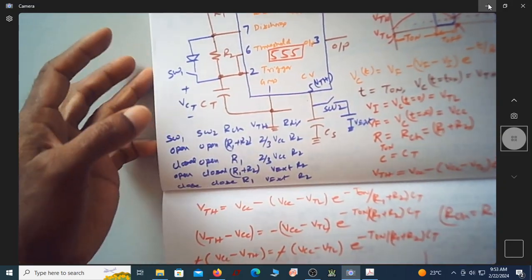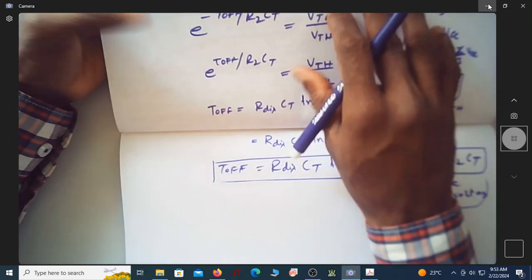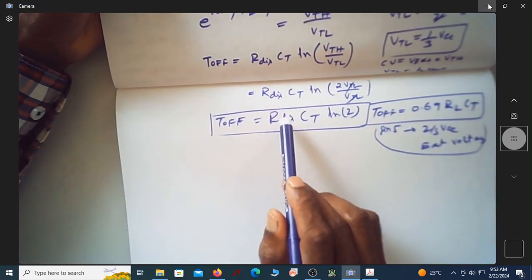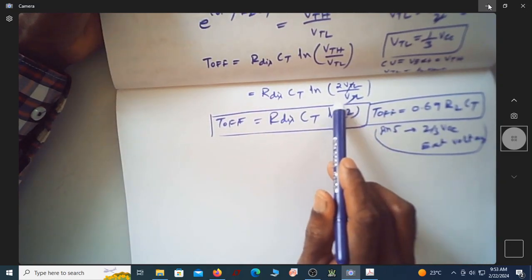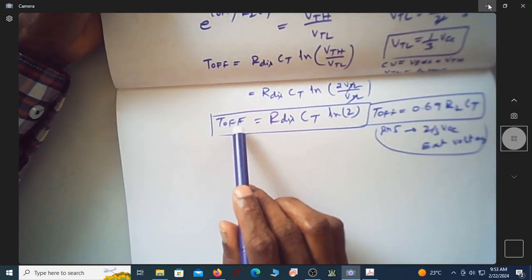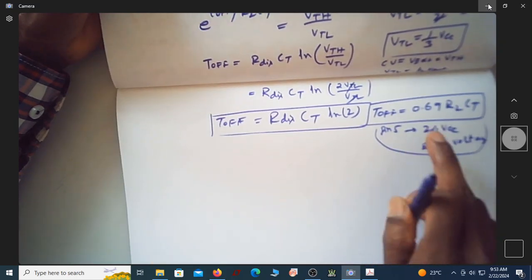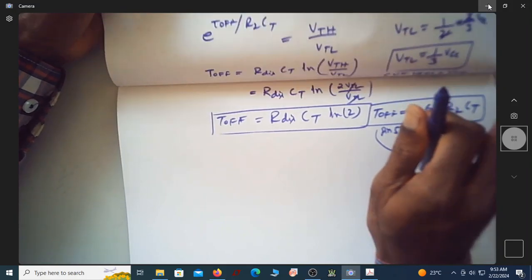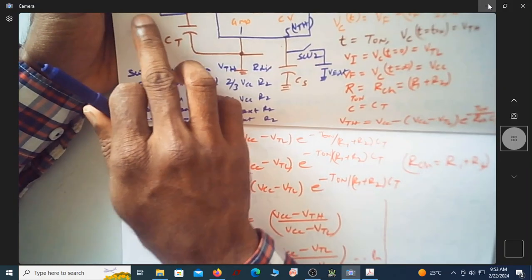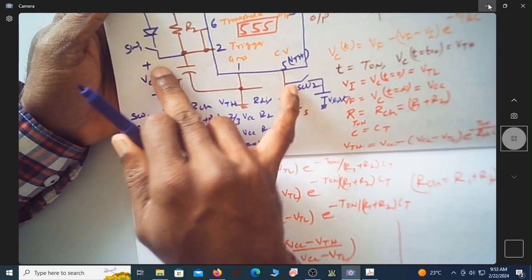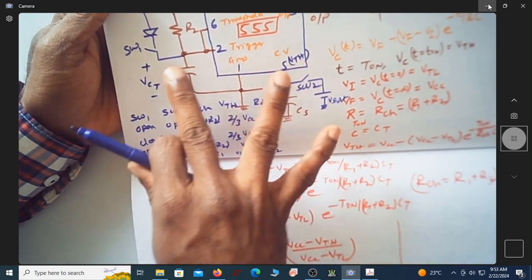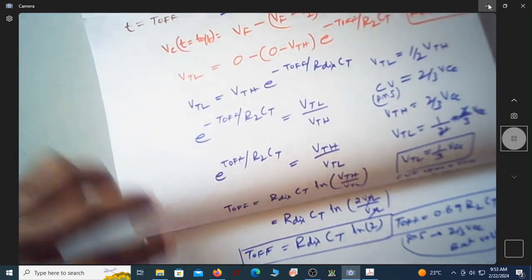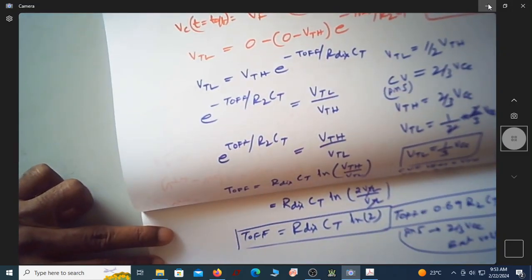Correct? If you look at T off, since the same capacitor is involved and the same R2 is there, and since this is also 0.69, T off is always 0.69 R2 CT in this particular circuit, whether the switch is open, close, open, close, whatever condition.